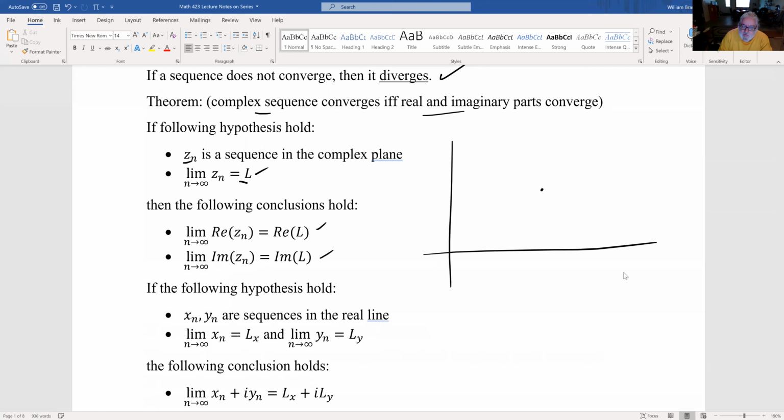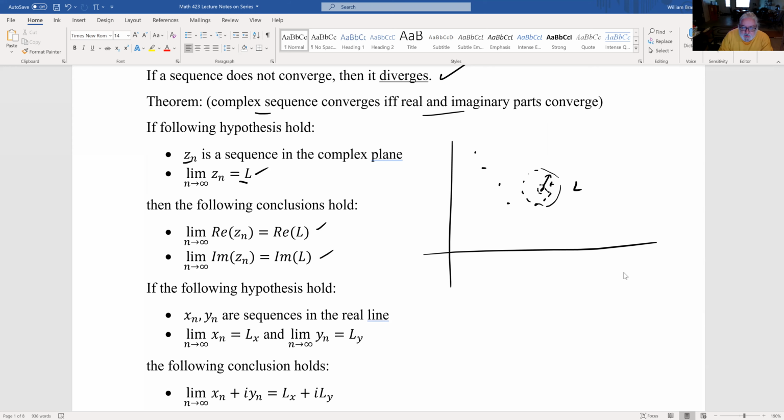Here's my point L, the limit of the sequence, and I have a sequence that wanders around, and if I pick a particular epsilon around L, my sequence gets inside of there and stays there.